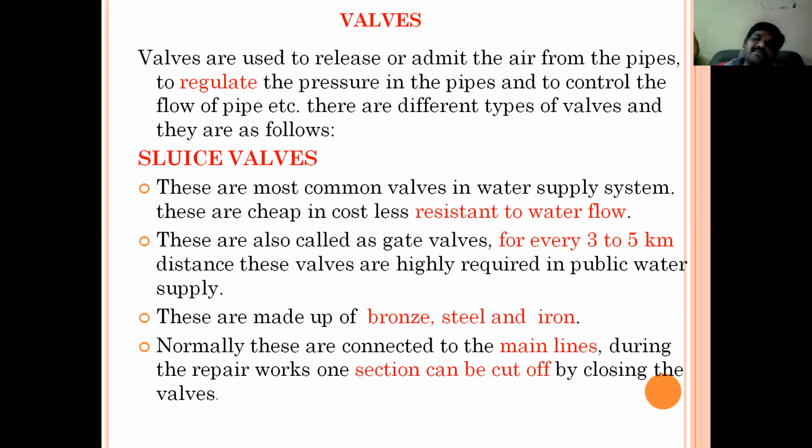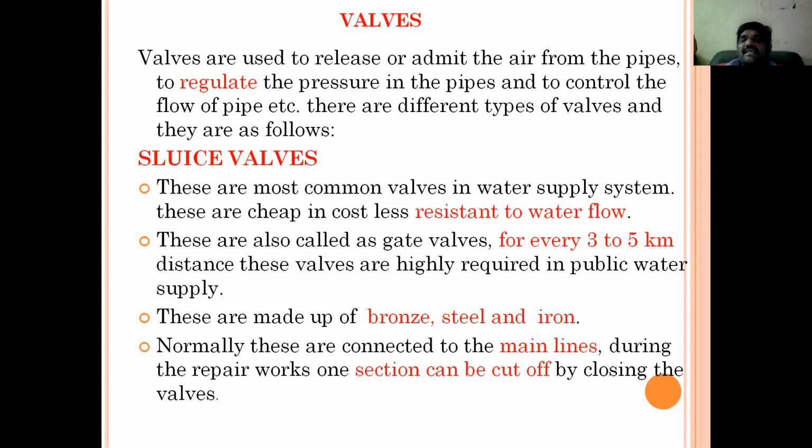Let me discuss one more time. These are the most common type of valves in a water supply system, very cheap in cost and less resistant to water flow. They are familiar by the name gate valves. For almost every 3 to 5 kilometers of water supply system, these valves are used to regulate the flow.